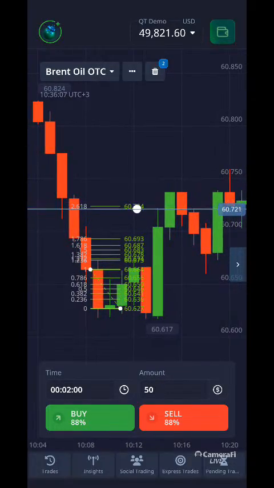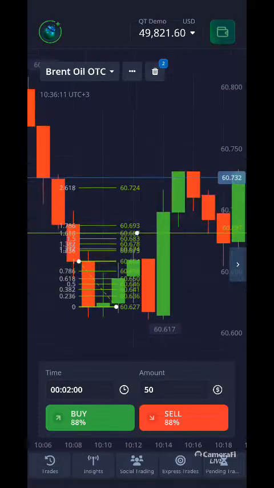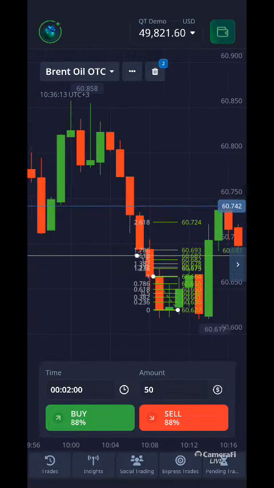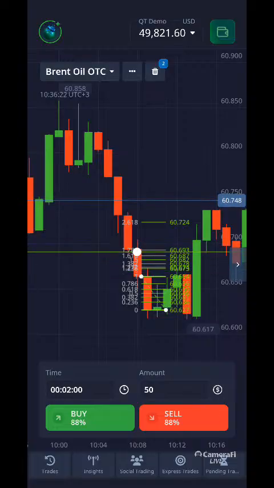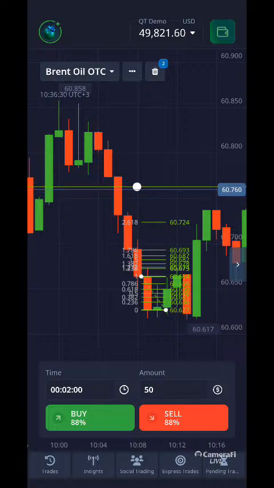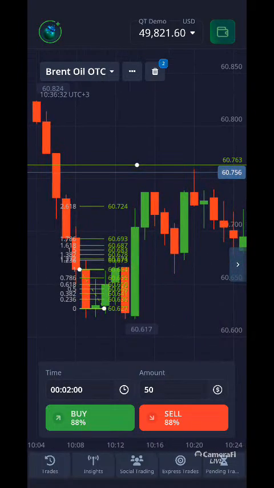Alright, right here we had no swing highs or lows. Let me show you. In this bearish run to the downside, there is no swing high. What is a swing high? A swing high is basically just head and shoulders. It is simple. How do we identify a swing high?